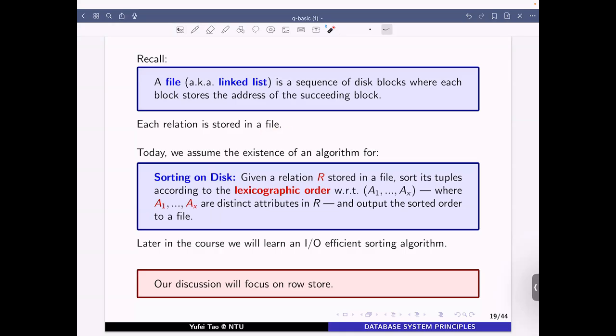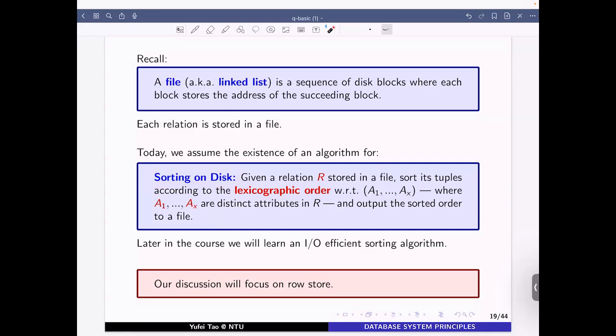Today we will assume we have an algorithm to perform sorting on disk. So how is this sorting problem defined? In general, if you have a relation stored in a file, I want you to sort the tuples inside the relation by the lexicographic order with respect to some attributes that I select. For example, if I say sort this relation by attribute A, this is what can be achieved with sorting.